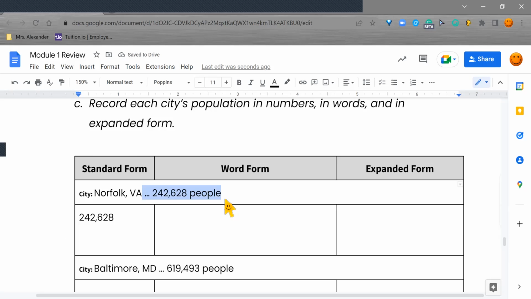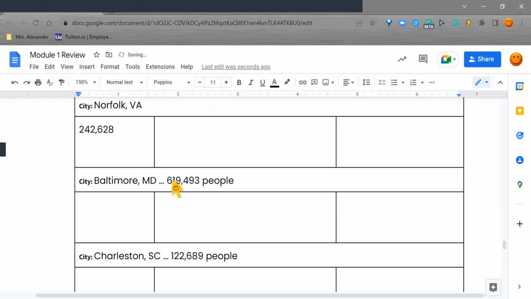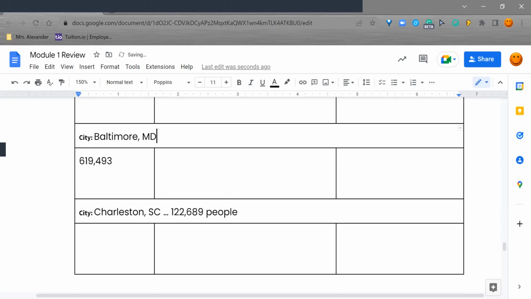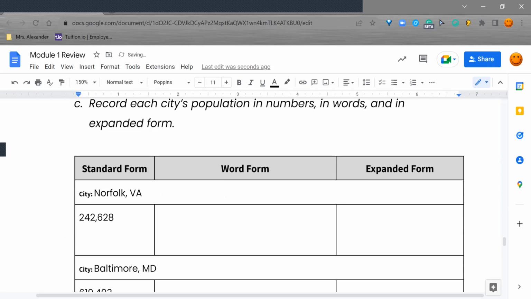Now right here, I can delete. Here, I'm going to take the number, highlight, Control C, Control V. And then I'm going to just take it off. Here, I'm going to take the answer, the numbers, Control C, Control V, and then I can take it off. Now I have the standard form, which is number form.